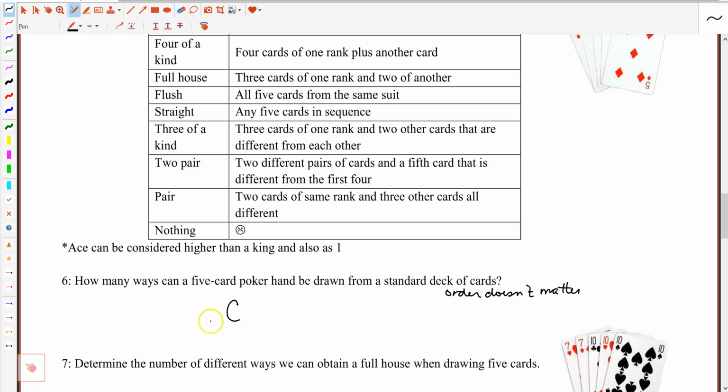So we're going to have 52 cards total, and we want to pull 5 of them for our hand. So our N would be 52 and our R would be 5. So if you throw that in your calculator, you get that there are 2,598,960 possible hands in poker.